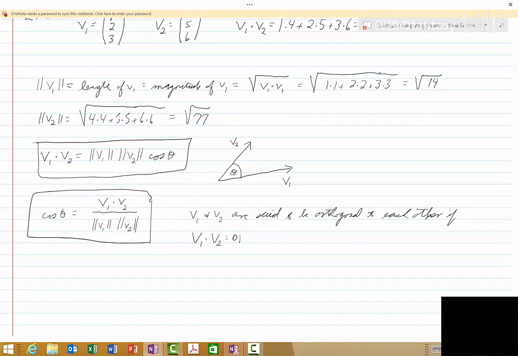In the present case, orthogonality means exactly the same thing as perpendicularity. The two vectors are perpendicular to each other, and we can see that from this equation: if V1 dot V2 is 0, then the cosine of the angle between the vectors is 0, which would mean that the angle is 90 degrees. So that's what we will mean by orthogonality of two vectors, that their inner product is 0.